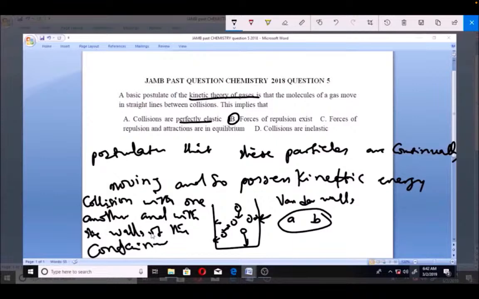And there is always a force of repulsion existing. If you check the Van der Waals equation, you see where the correction for force of repulsion is taken care of. So B is the accurate answer. But take note of the postulate of the kinetic theory of gases: the gas particles are in continual motion, and so they possess kinetic energy, and as they are moving, they are colliding with one another and with the walls of the container. Thank you.